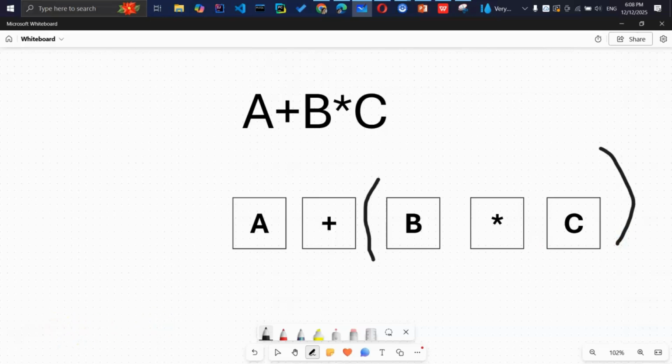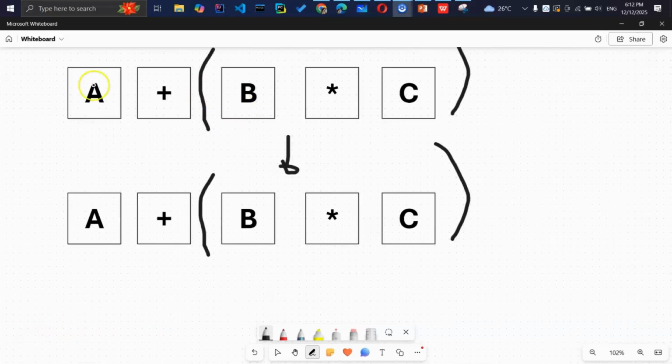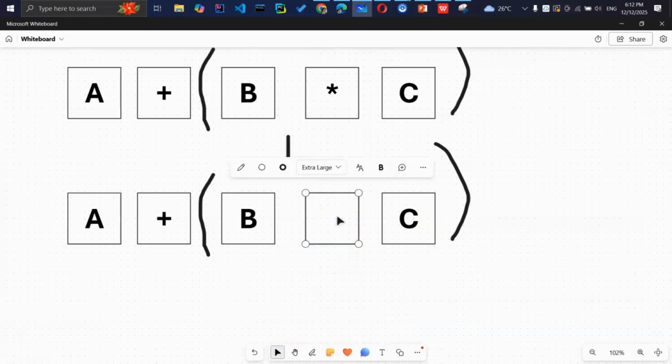And next, convert this part into postfix. To convert it, get the operator to the end of the operands, like this. This should be C. Get the operator to the end of the operands. This should be like this.